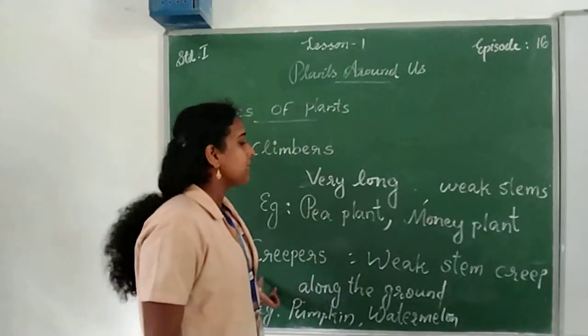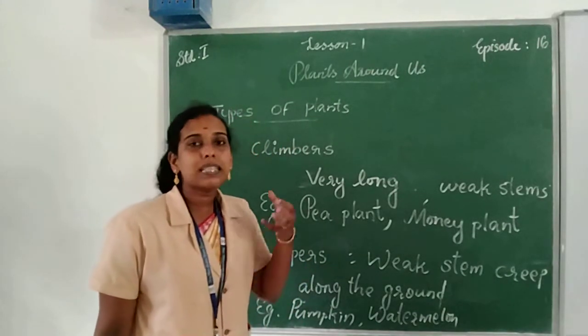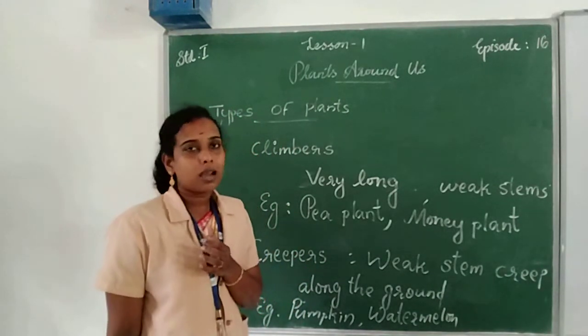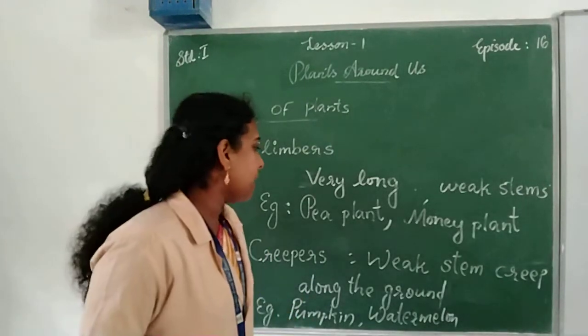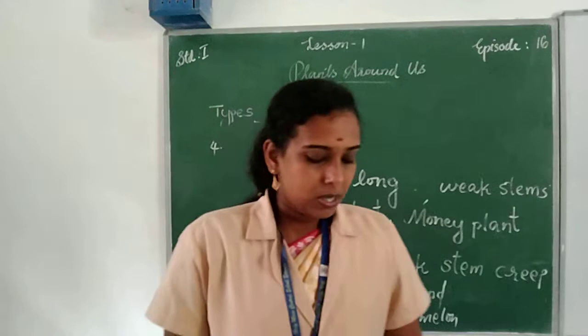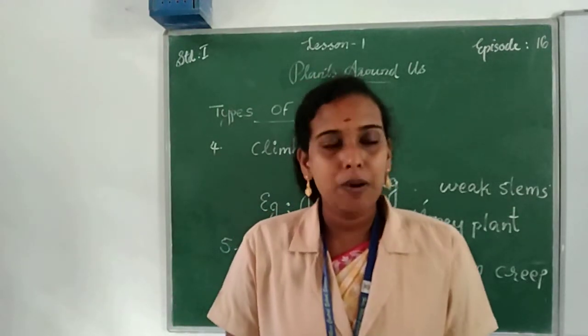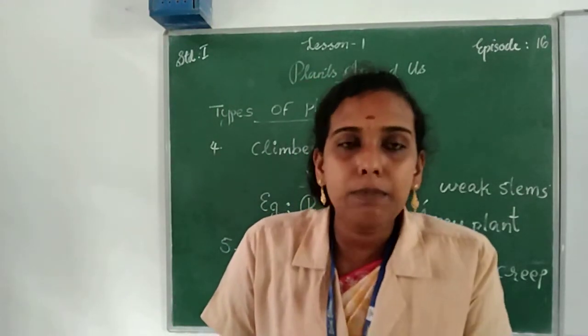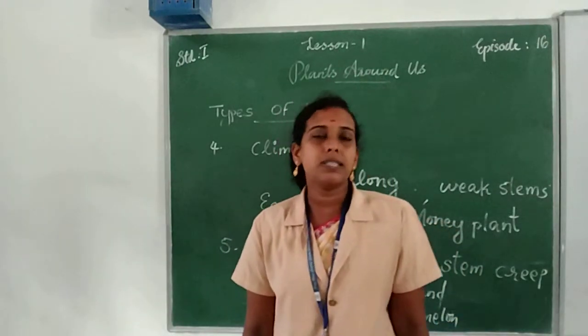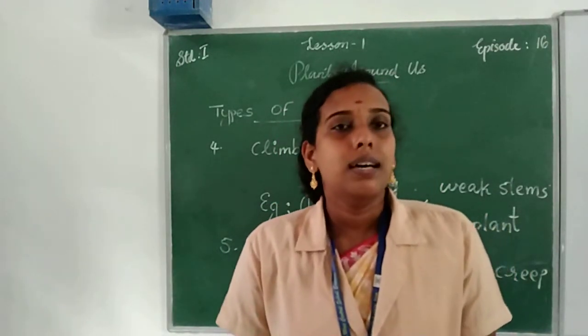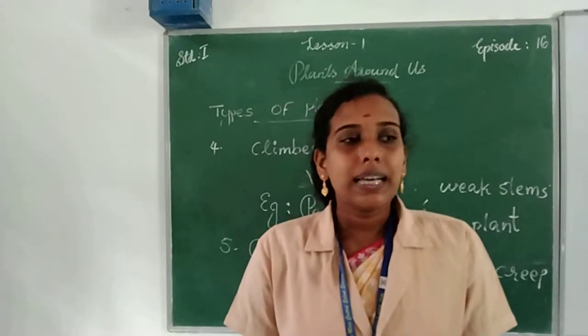Creepers are plants with weak stems that creep along the ground. So these are the 5 types of plants. Which are the 5 types of plants? Trees, shrubs, herbs, climbers, creepers.